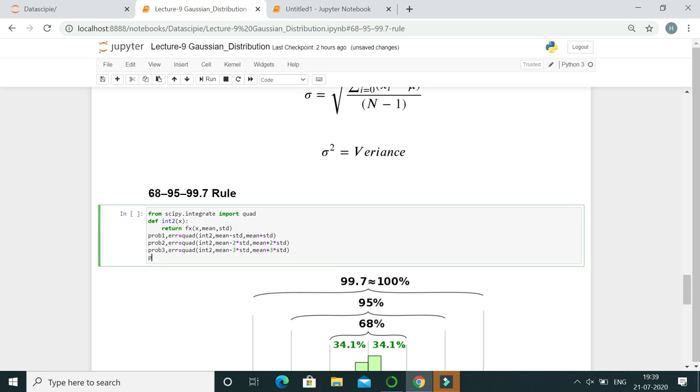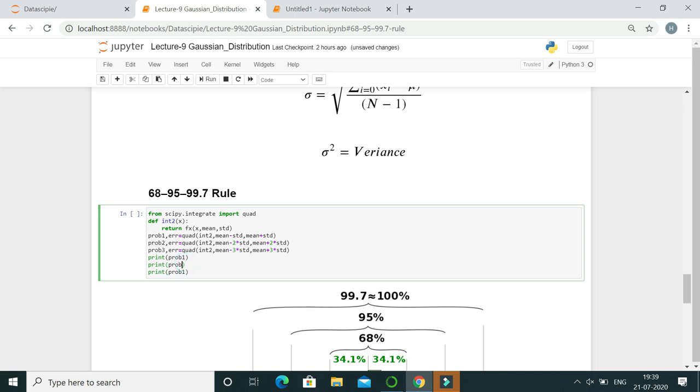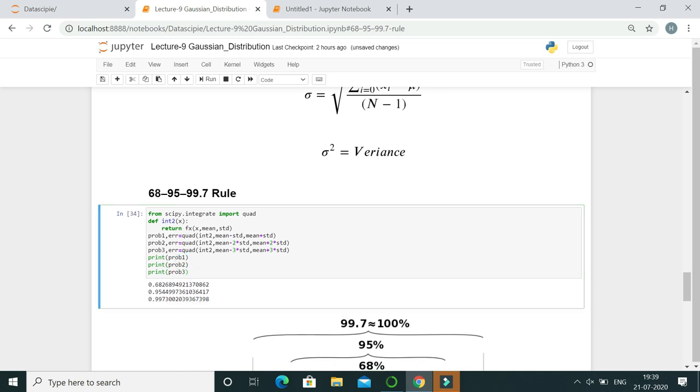So when we print all the three probabilities, print probability 1, probability 2 and probability 3, we get these values. So this tells that the first probability is 68.26, the second probability is 95.45, and the third probability is 99.73. So our rule values hold.